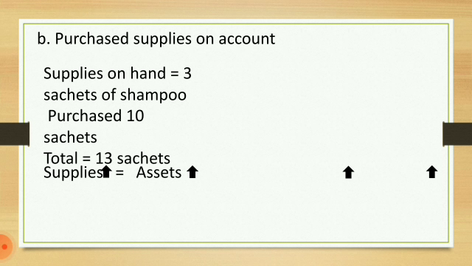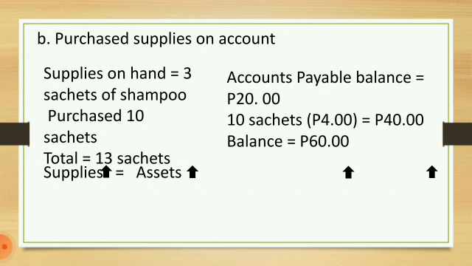When we say on account, that means the transaction was on credit. In layman's term, utang. Therefore, you have an accounts payable. So let's put it this way. Before this transaction, let's imagine that you already have an accounts payable balance of 20 pesos.